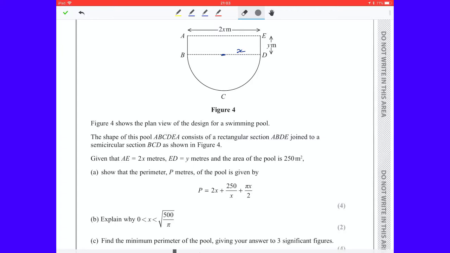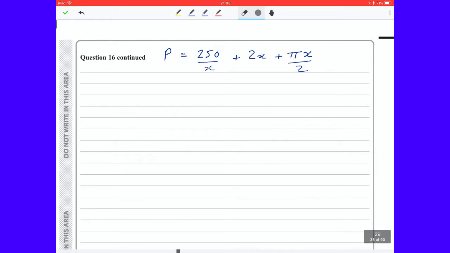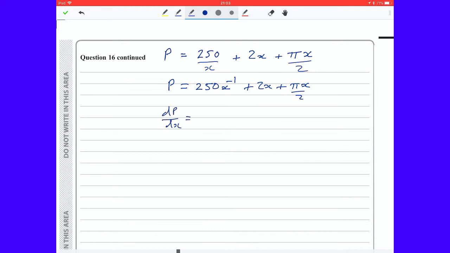Part C. Find the minimum perimeter of the pool, giving your answer to 3 significant figures. Well, here's the formula that we found for the perimeter. P is 250 over x plus 2x plus pi x over 2. And we'll first write that in a form that's easier to differentiate. P equals 250 x to the minus 1 plus 2x plus pi x over 2, which means dP by dx is equal to minus 1 times 250 is minus 250, x to the power minus 2, 1 less than minus 1.